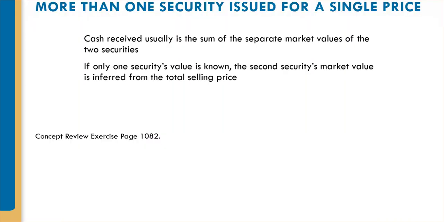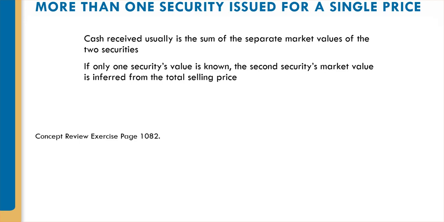When you have more than one security issued at a single price, this happens at times, not too frequently, but it can happen. My example is having common stock and preferred stock issued in a single transaction. What do you do?